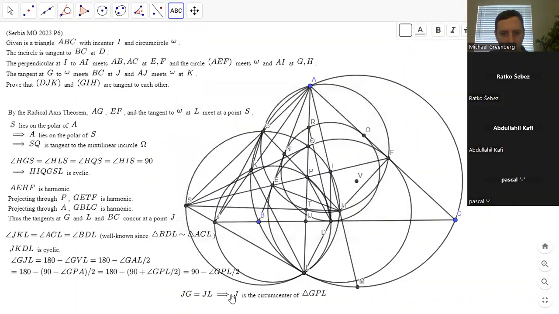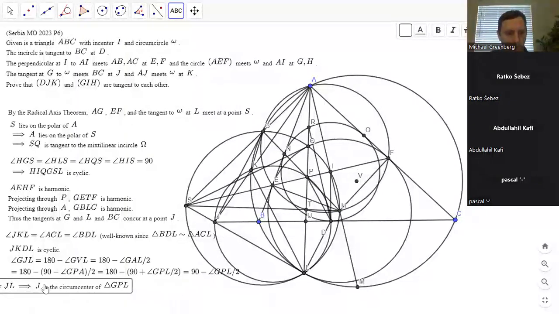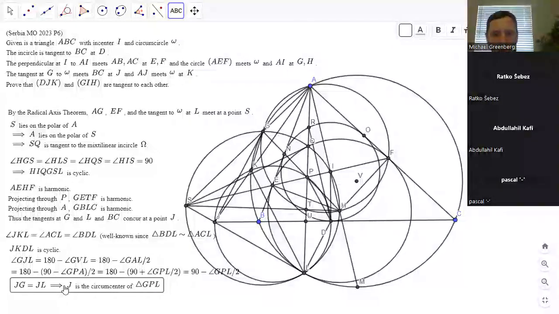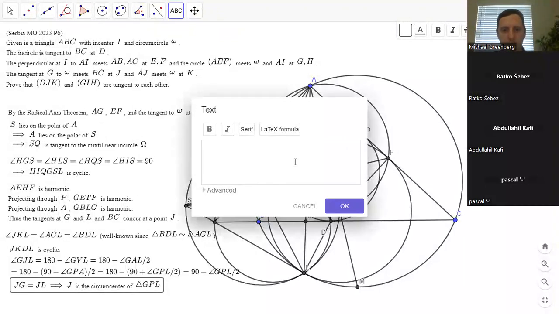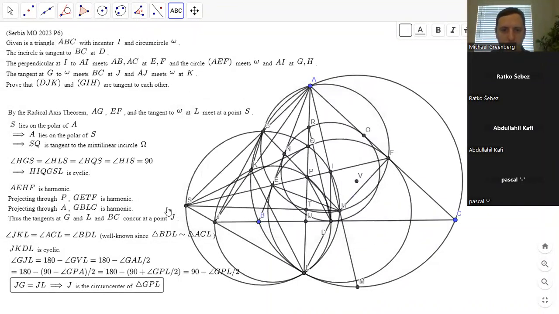And then we're really close, because then we have JPL as isosceles and SQL as isosceles. So then they're homothetic, and I think that solves the problem. So we have JP equals JL and SQ equals SL, so they have to be homothetic.